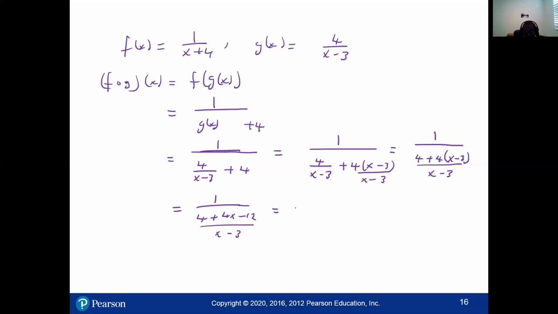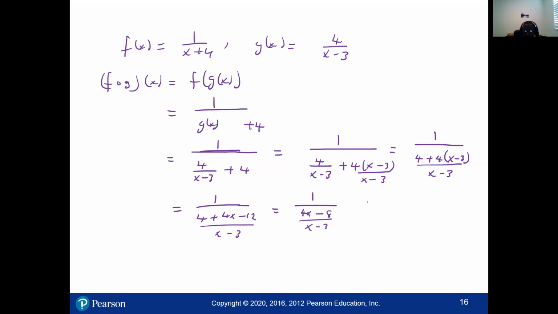So when you look at this, you have 1 over 4x minus 8, all divided by x minus 3.